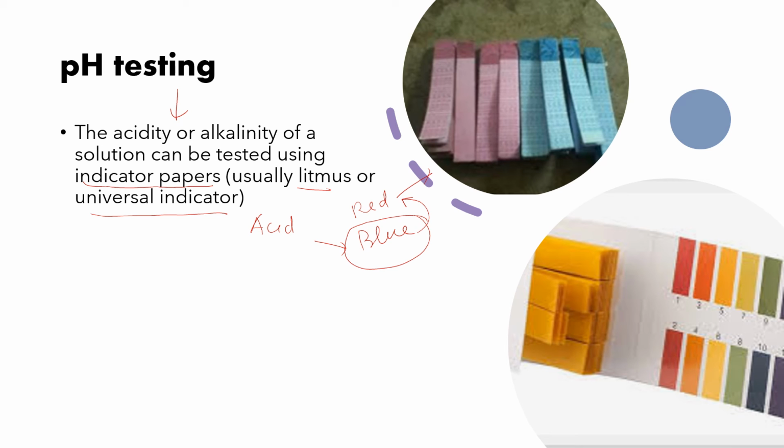When we have a base or alkaline and we put in red litmus, it will turn blue. So blue is for testing acid and red is used for testing base.